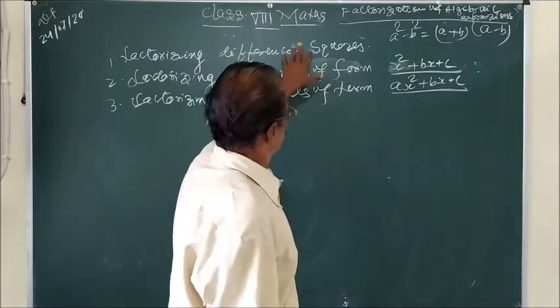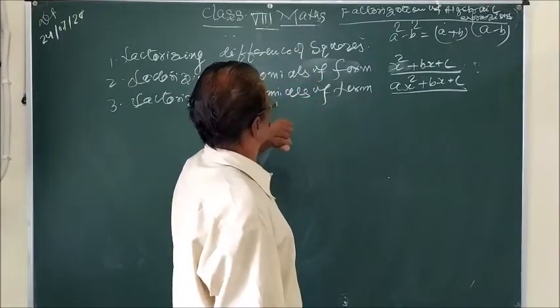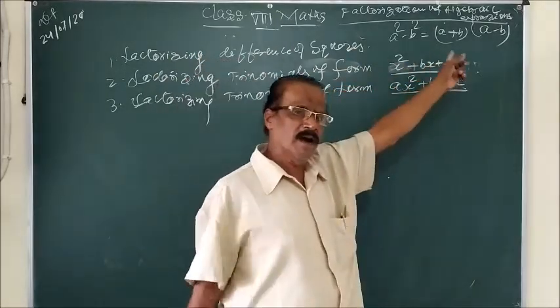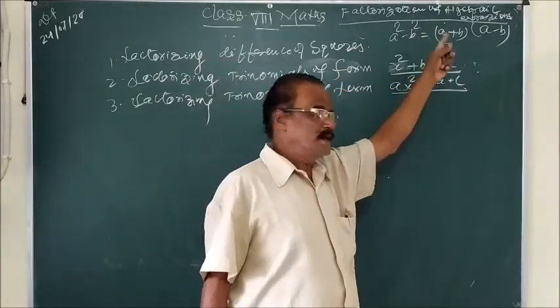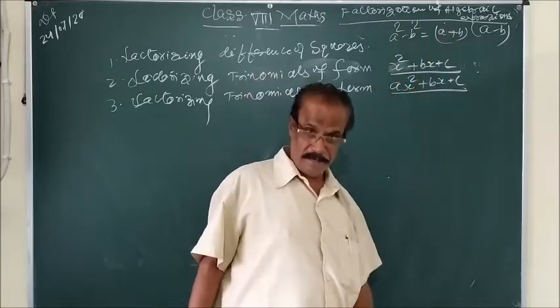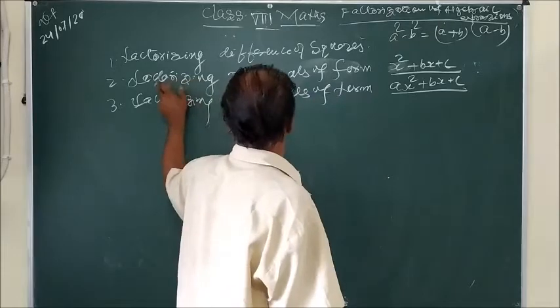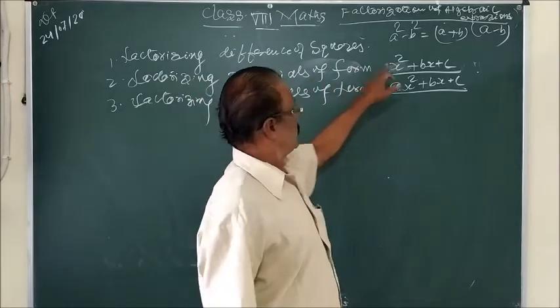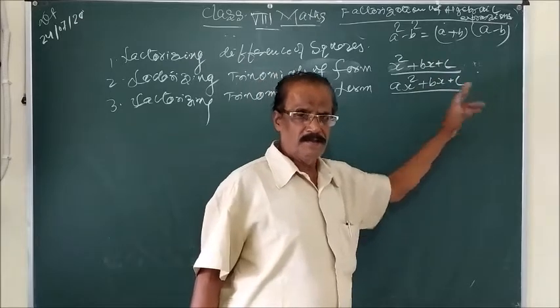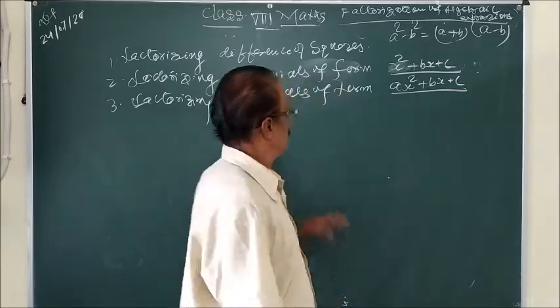But today these three types of questions: factorizing a difference of squares, this is a formula, an algebraic identity, a square minus b square is equal to a plus b into a minus b. And if the trinomials are in this form, x square plus bx plus c, how will you factorize?